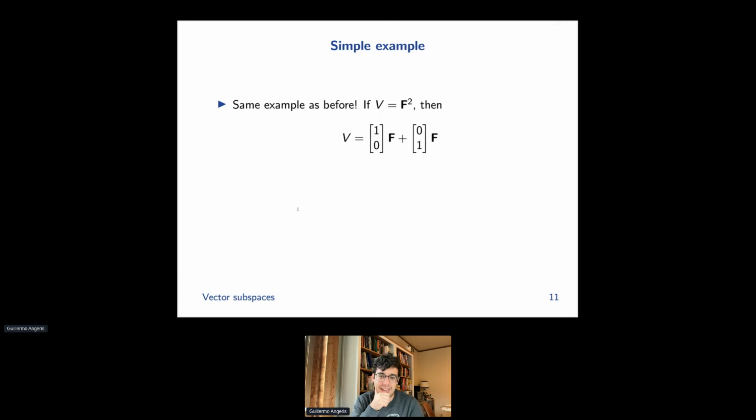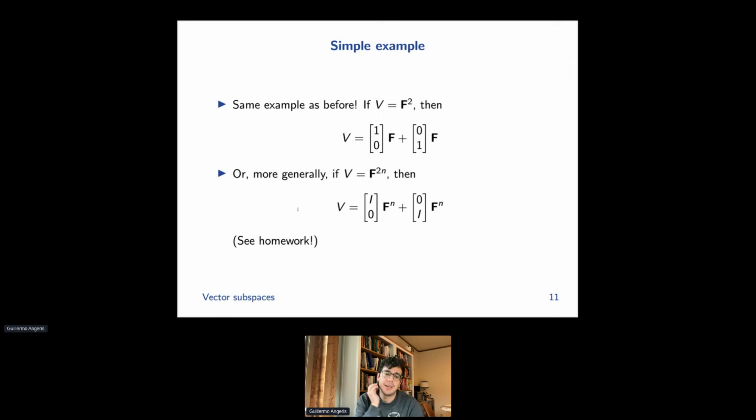Again, you can scale the first vector, 1, 0, by anything. That's what it means to do 1, 0 times f, so the set of all possible field elements. And then the second one says you can also scale a 0, 1 vector by anything, and then you can add those things together. Certainly that gives you any two vector that you want. Again, not a super deep statement, but it's an important one to parse.